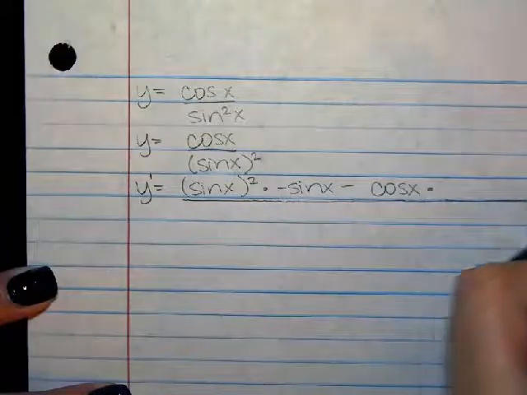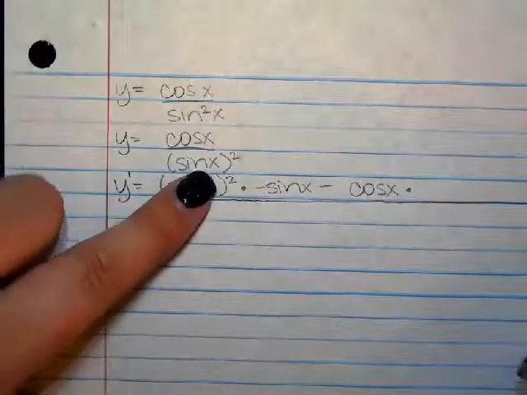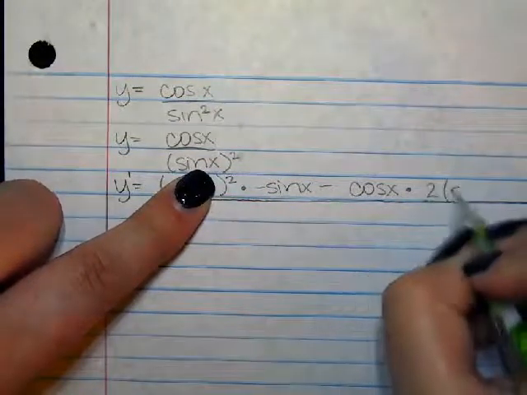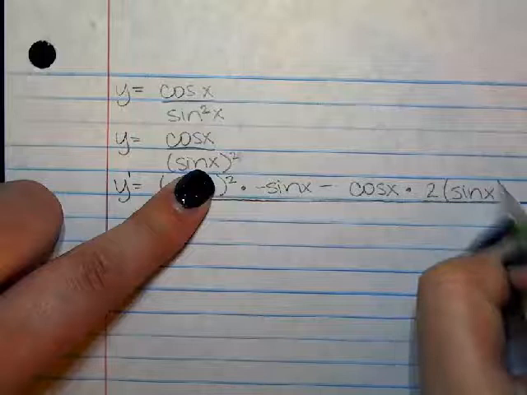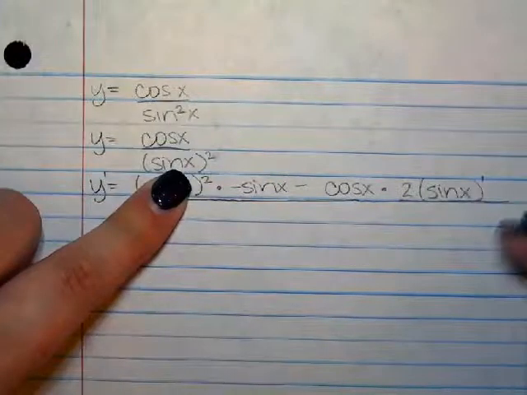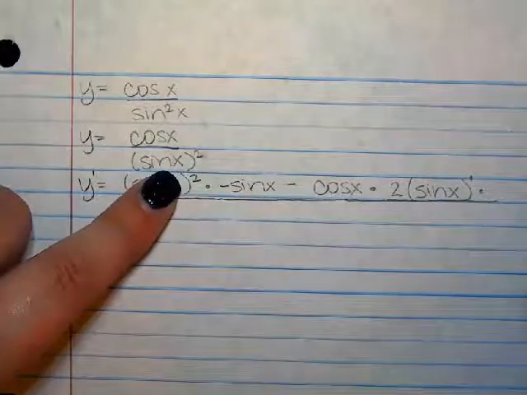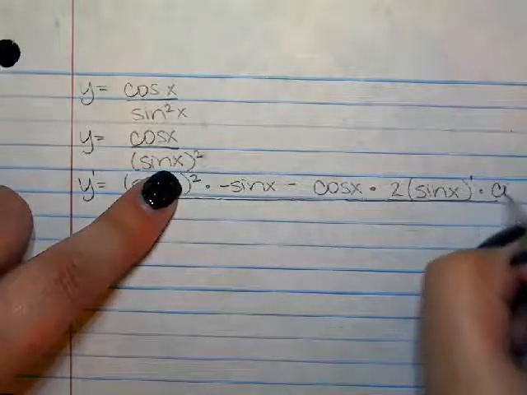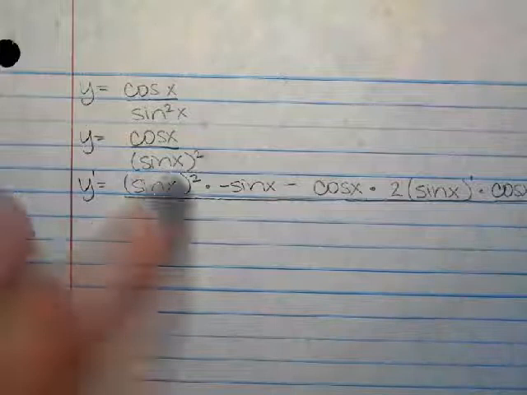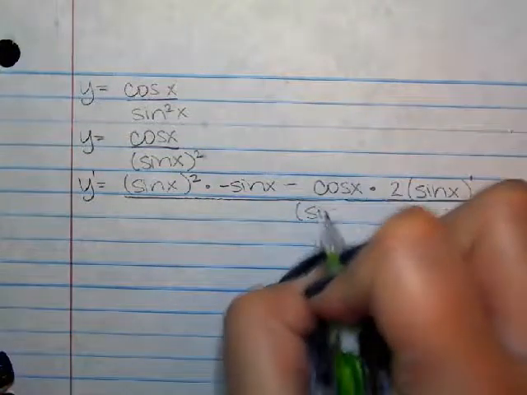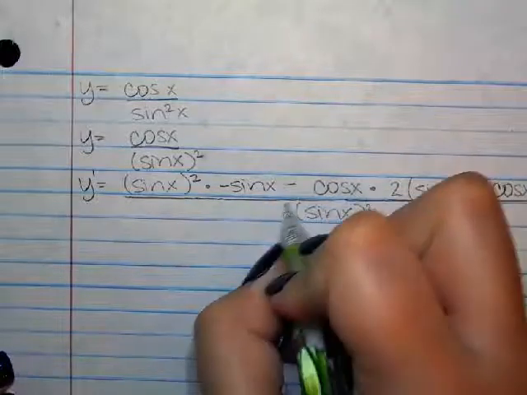So when I do the derivative of the bottom, I've got 2, keep the inside the same, drop it by 1, times the derivative of the inside, which is cos. Marvelous. Okay, divided by the bottom squared. So we've got sine of x squared, and then that is being squared.